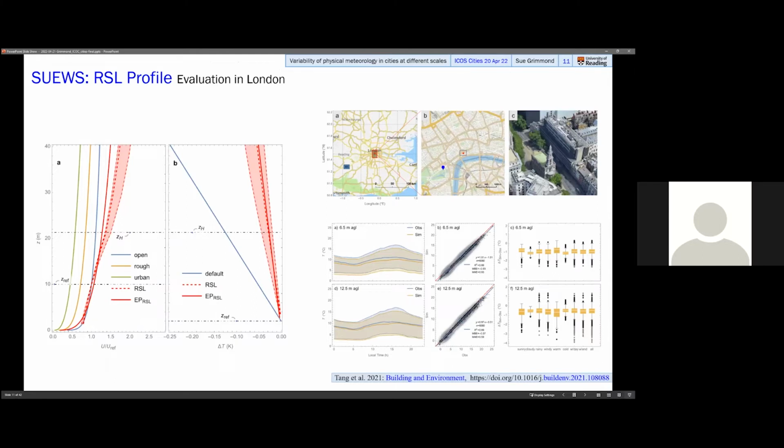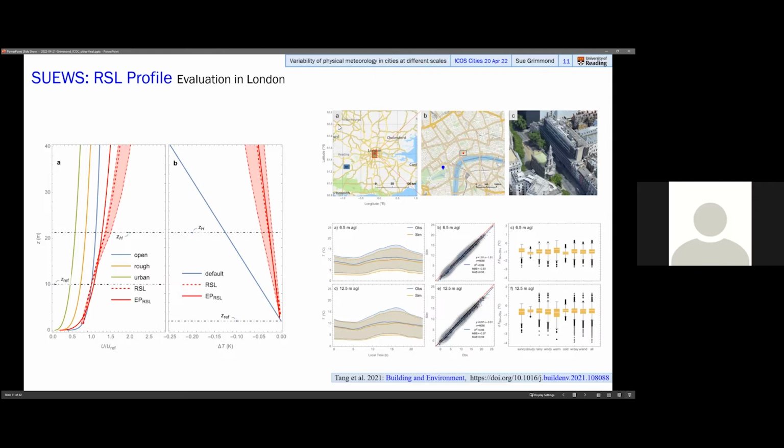Given that, we've included the Harman and Finnegan scheme. It's been incorporated into the SUEWS land surface model. This models energy and water exchanges, but also includes urban carbon dioxide fluxes. This is work being led by Leena Järvi's group in Helsinki, and this is ongoing development work, although there is already a model that separates both anthropogenic and biogenic sources of CO2 fluxes within urban areas.